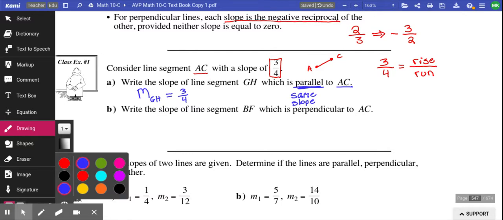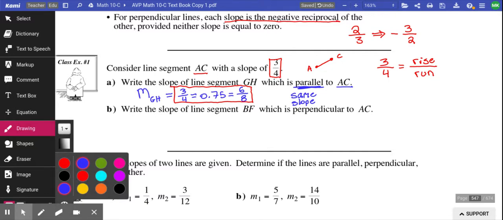We could represent this slope as a decimal, so 0.75 would be the same thing. Or we could represent it as an equivalent fraction. So instead of 3 over 4, we could do 6 over 8, if I multiplied the top by 2 and the bottom by 2. Those are all the right answer, because they all equal 3 over 4. So they're all the same fraction as the original slope, AC.